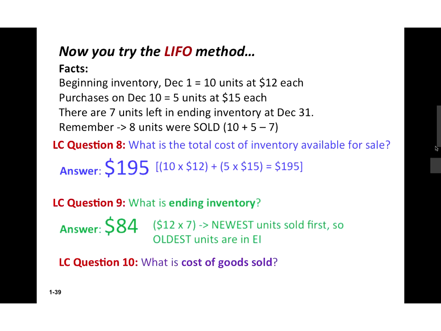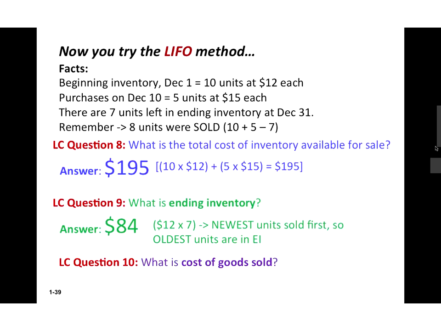So cost of goods sold in this case is going to be the difference between your total cost of goods available, which is $195, and ending inventory, which is $84. The difference has to be cost of goods sold. You've got probably about another 10 seconds or so to get your answer in.